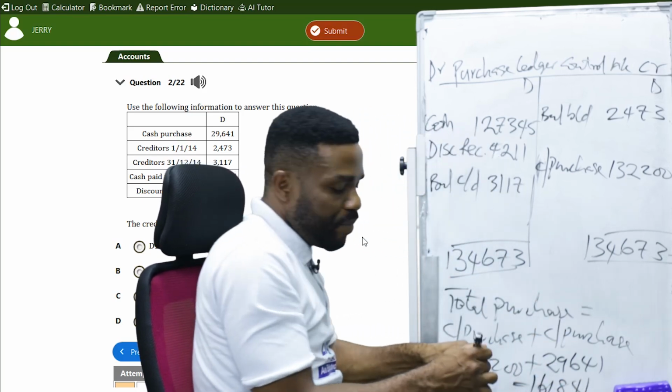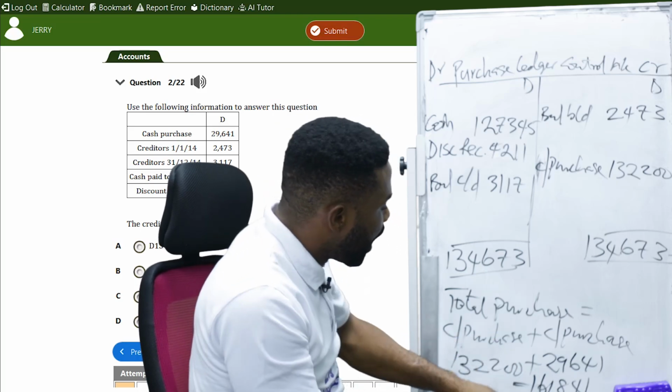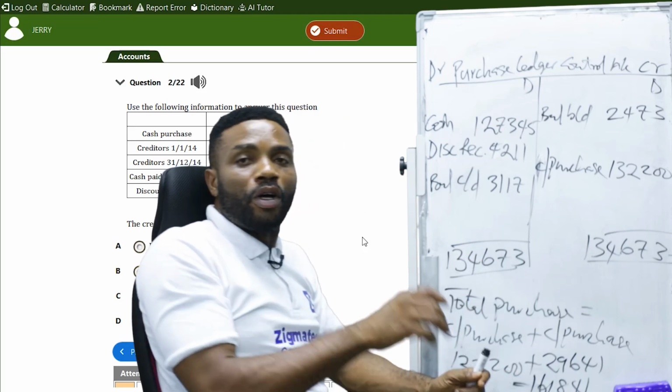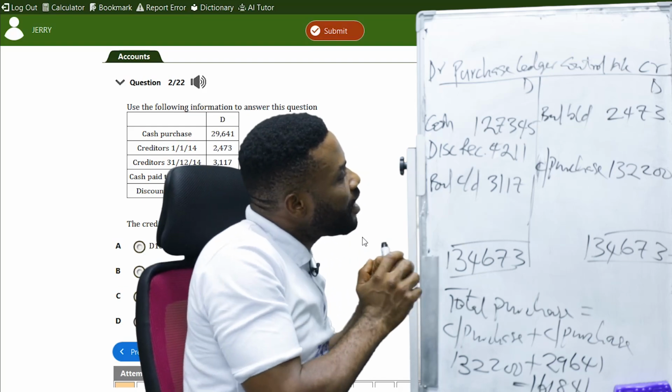This will have been our total purchase. But what you are asked in the question is not total purchase, but credit purchase. So from the question, our credit purchase is 132,200.